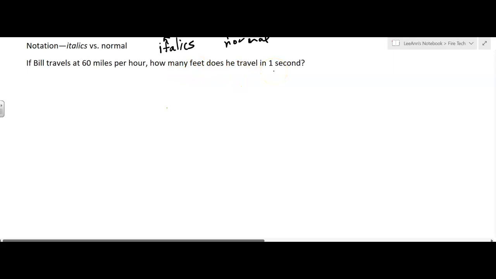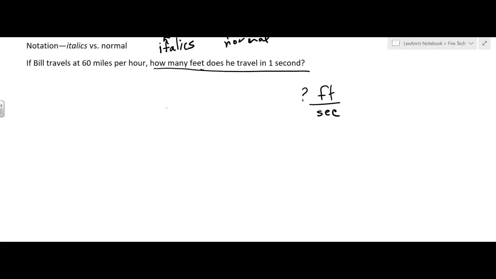So this is what my chemistry teacher taught us to do. He would say, take what you want. What are you trying to figure out? Well, I want to know feet in 1 second. So I want to know feet per second. That's what I want. How many feet does the car or Bill travel in 1 second?